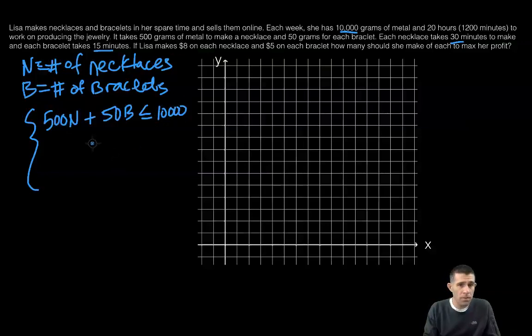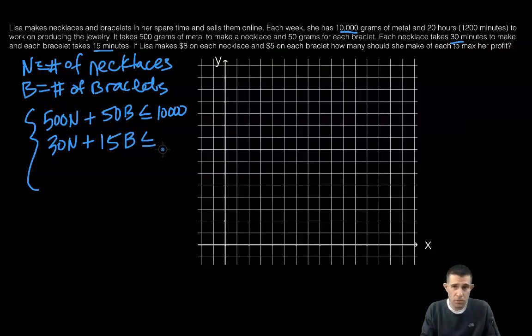So there's one constraint. Now the next constraint is her time. It takes her 30 minutes to make a necklace and 15 minutes to make a bracelet, and together they have to be less than or equal to 1,200 minutes. Now the last two constraints are really just understood.